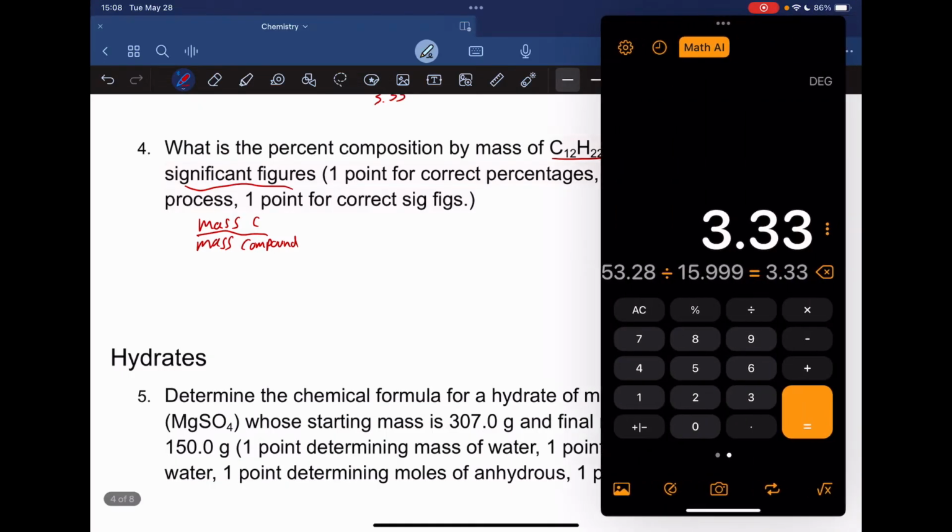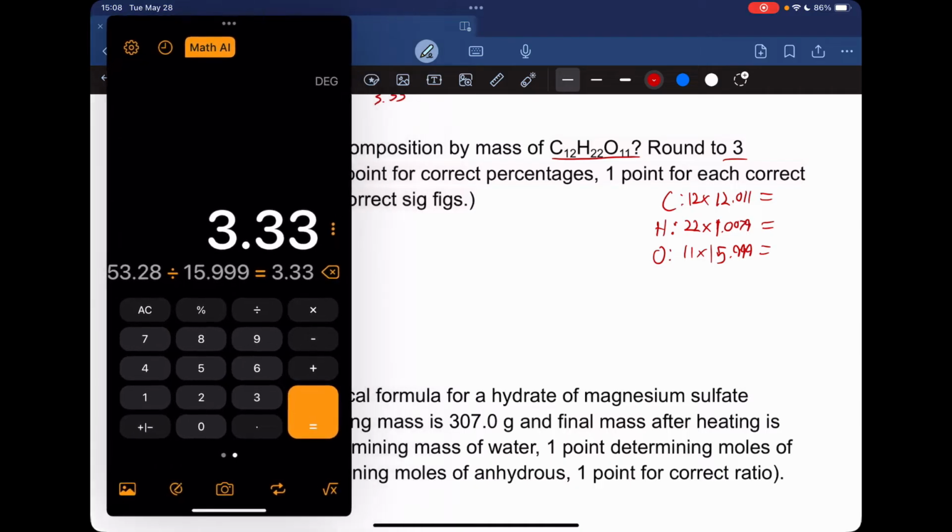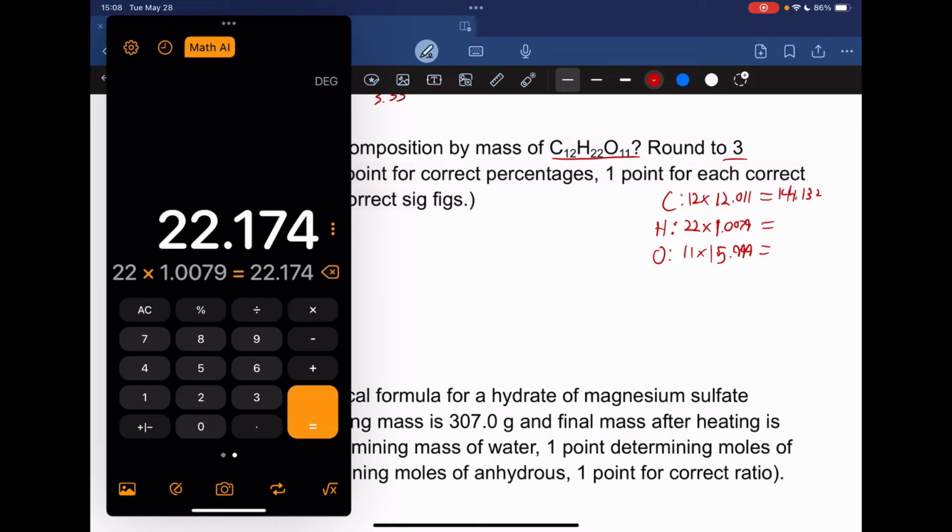All right, take out the calculator again. And we're going to do 12 times 12.011, should be close to 144. Yep, 144.132. We're going to keep some extra digits right now. 22 times 1.0079 equals 22.174.